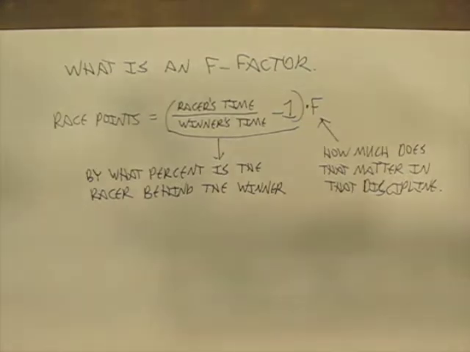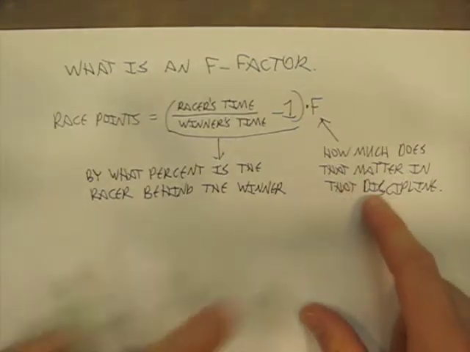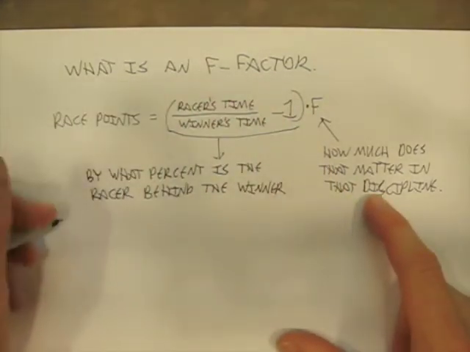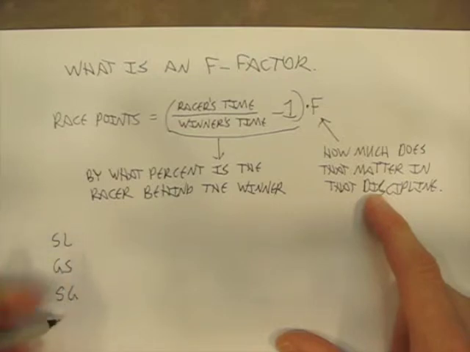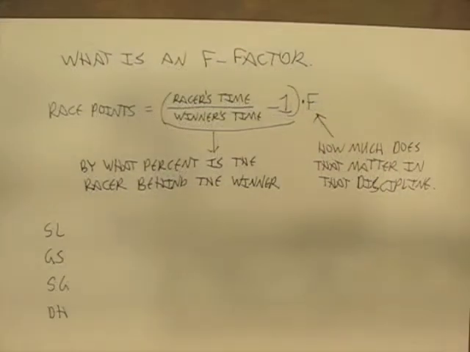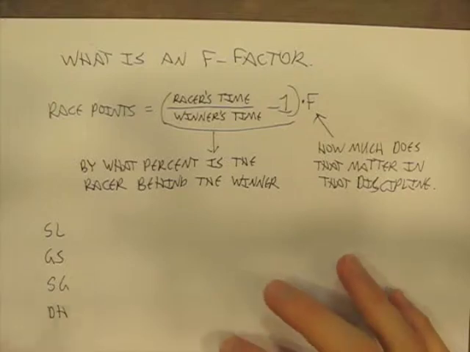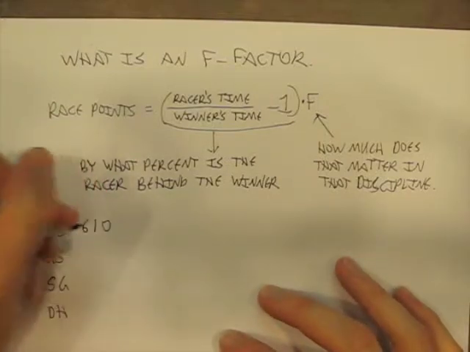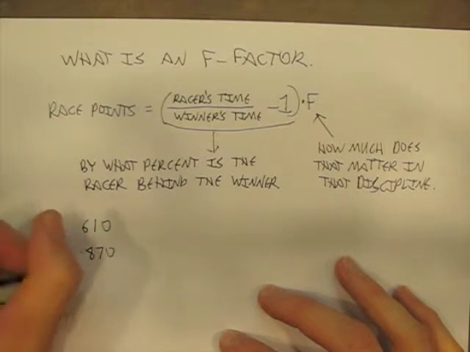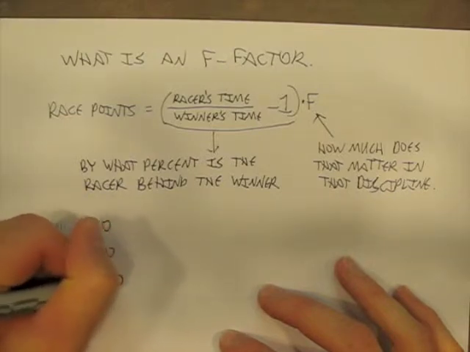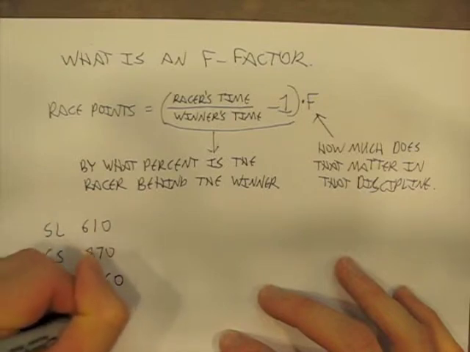Okay, so in other words, you're going to have slalom, GS, Super G, downhill, and those F values from the front page of the FIS list are currently 610, 870, 1060, and 1330.